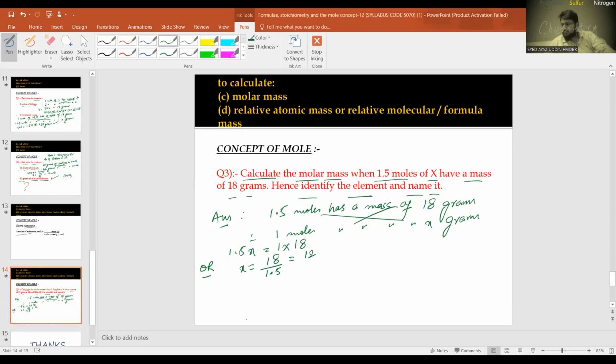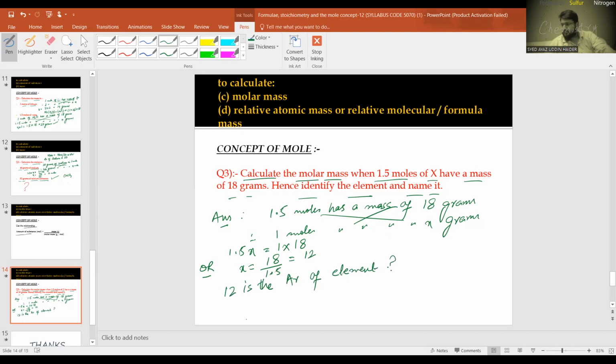12 is the mass for 1 mole of this element. Which element has 12 as its AR? 12 is the AR of the element.